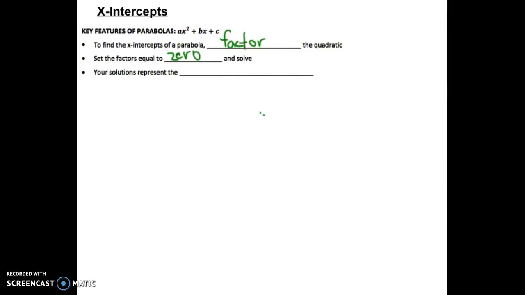Your solutions represent the x-intercepts, or, more specifically, where the parabola crosses the x-axis.